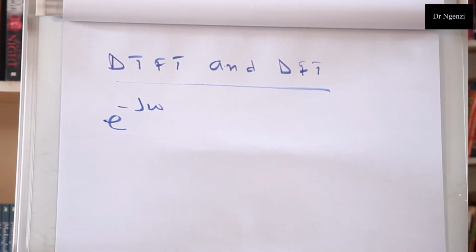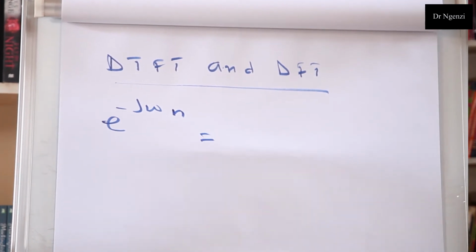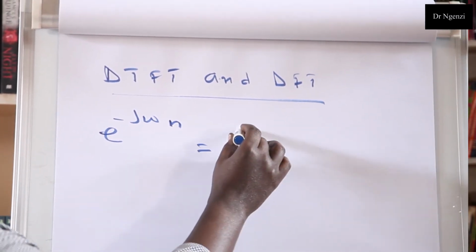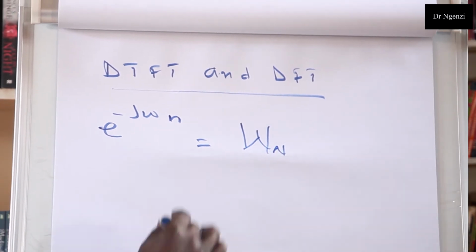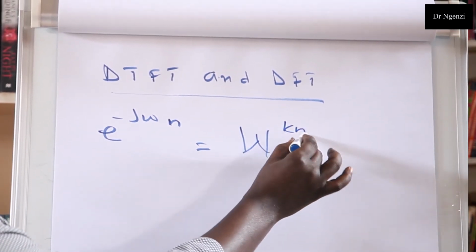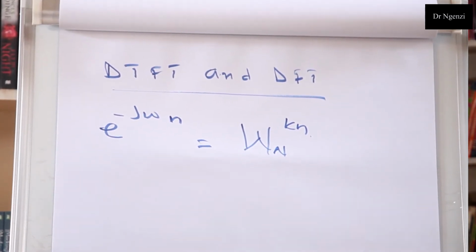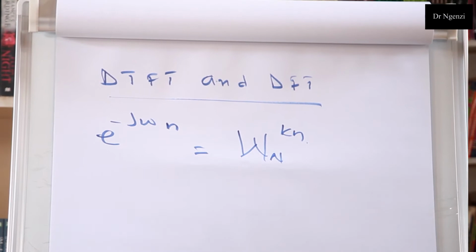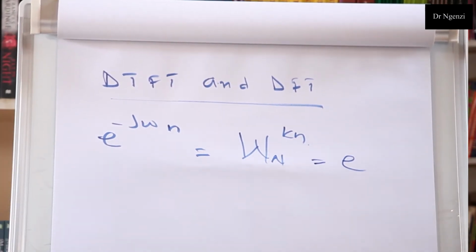So these are the relationships, how they are related. As we know, omega for big N is going to be e^(j2πn).